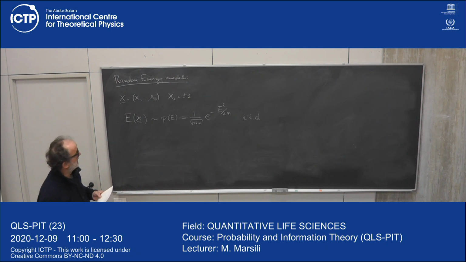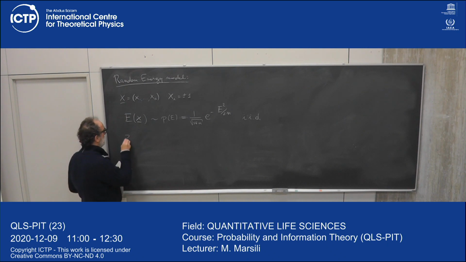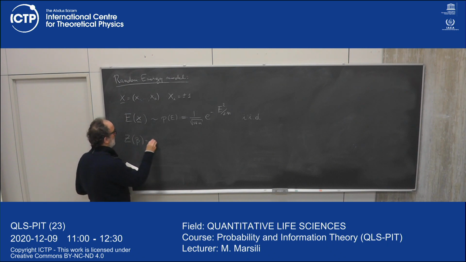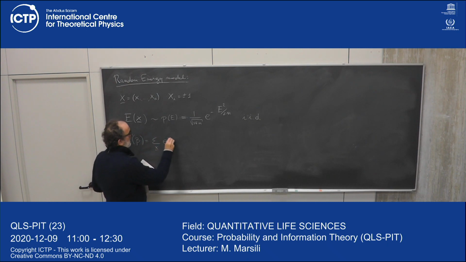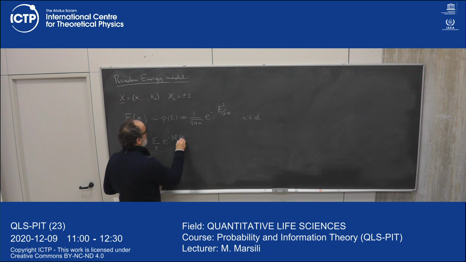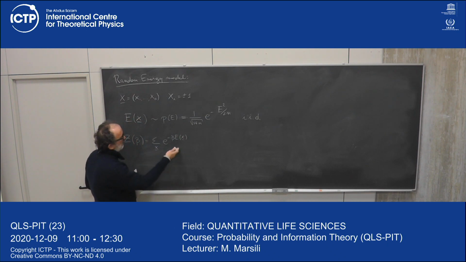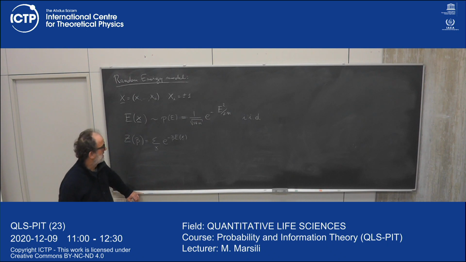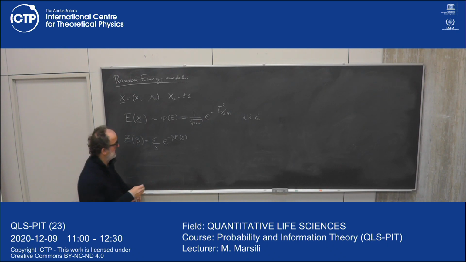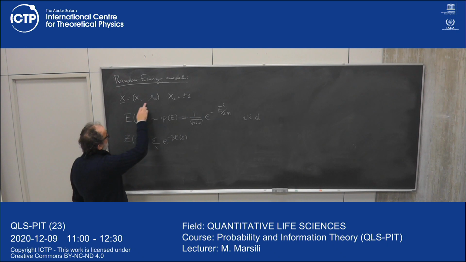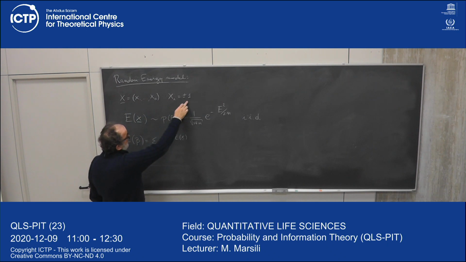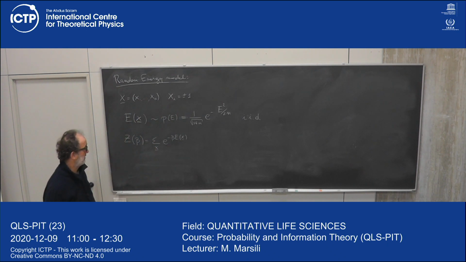So this is the definition of the random energy model, and one can think, well, let's compute the partition function. Now the partition function is a sum of many random terms. The number of configurations is 2 to the n. Each spin takes 2 values, so all of them take 2 to the n values.